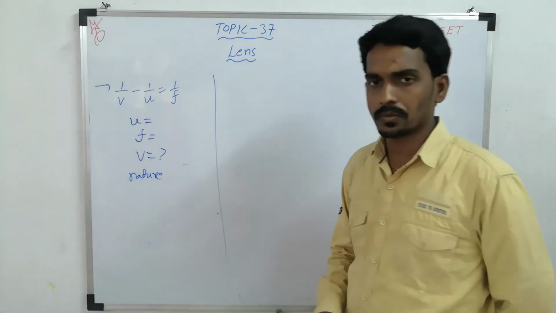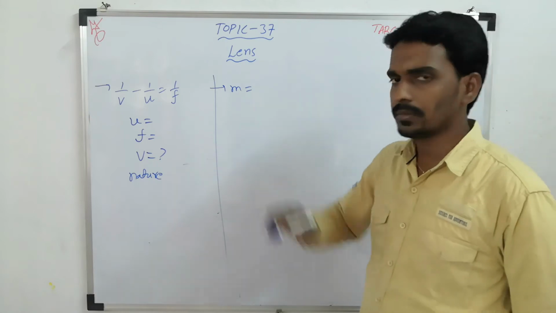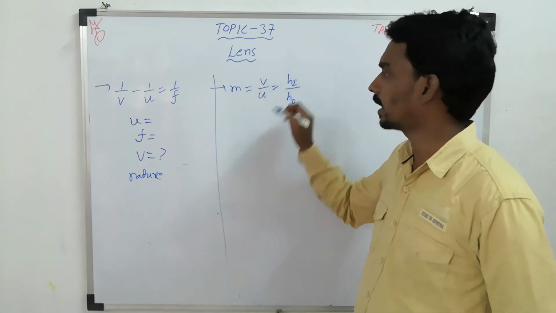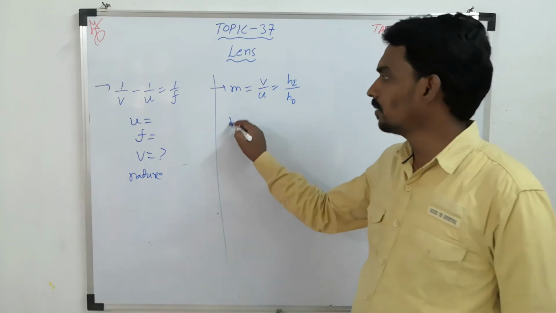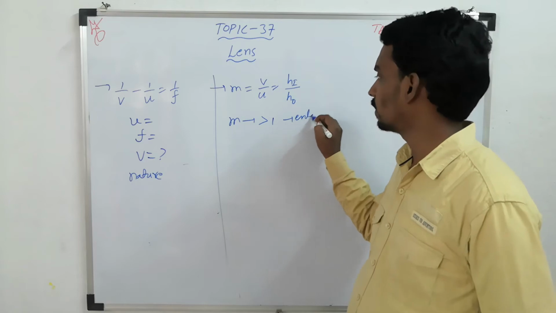How do you decide that? By first finding the magnification. What is the magnification formula? v/u, or height of image by height of object. If magnification is greater than 1, the image is enlarged.